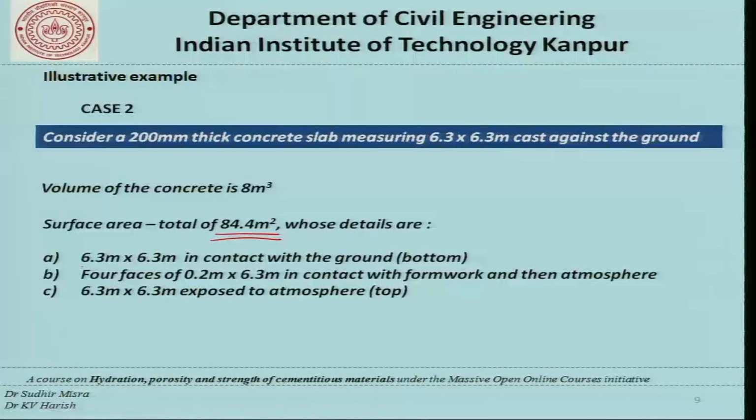In this case, 6.3 into 6.3 will be in contact with the ground, 4 small faces of 0.2 into 6.3 will be in contact with the formwork and then with the atmosphere, and 6.3 into 6.3 will be exposed to the atmosphere at the top.